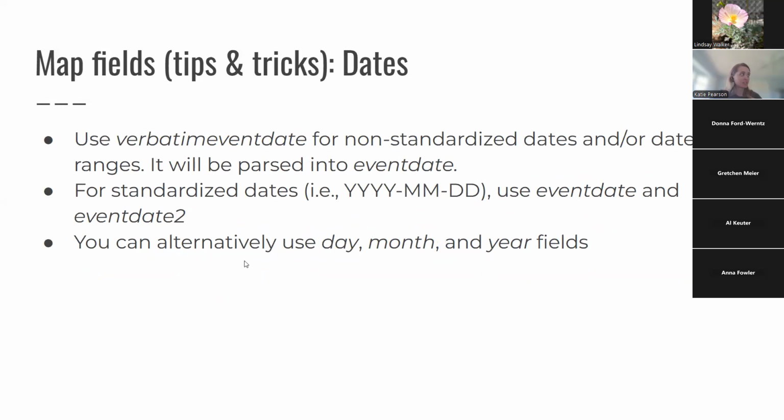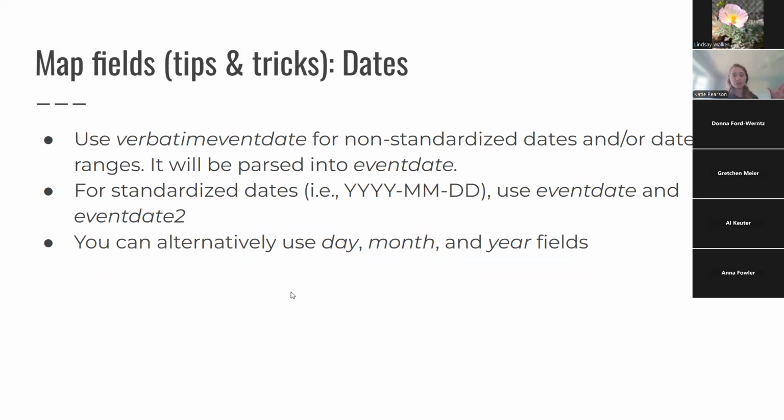Okay, for dates, probably best bet is to use verbatim event date, just in case there's any different formats between all of your dates. But if they're standardized to year, month, day, you can use event date and event date 2 for ranges.